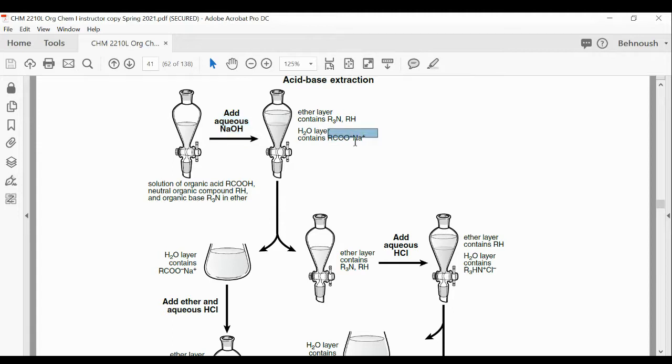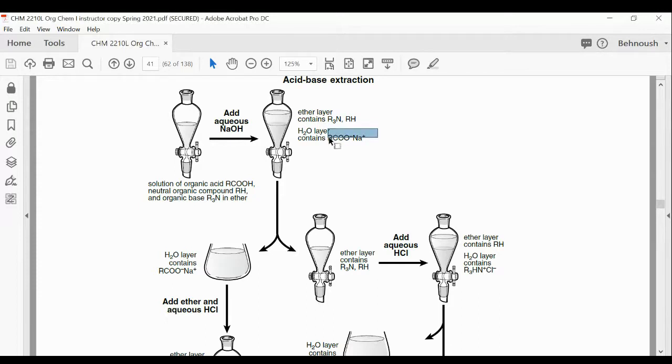Is this compound an ionic or molecular compound? Sodium benzoate, is it ionic or molecular? It's ionic, right? And we learned from general chemistry that if you have an ionic compound, or your compound in general contains sodium, it is going to dissolve in water, a soluble compound.